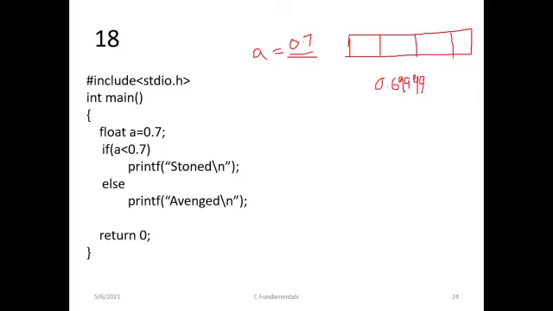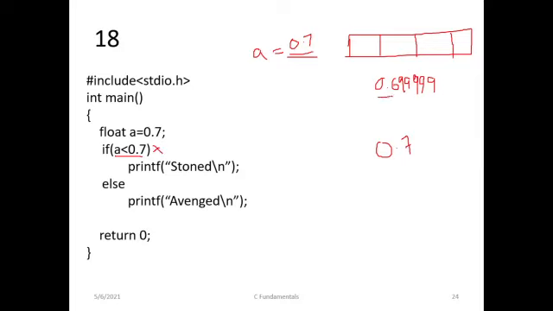Right? You may think that when we try to print A, it will straight away print 0.7. That is the problem with the compiler, so we have to be very careful in this. When you do a comparison straight away with the float value, if it is compared very narrowly, then it will not work out.